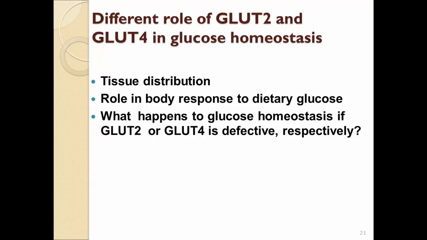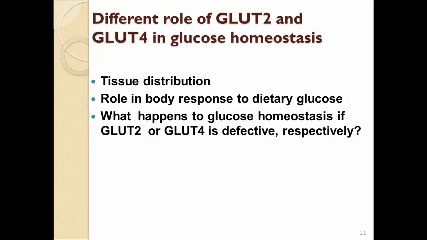Then the lower insulin levels are not able to stimulate enough GLUT4 translocation and glucose uptake into the muscle and adipose tissue, right? So a lot of glucose will remain in the circulation, particularly after a meal, in the fed condition.